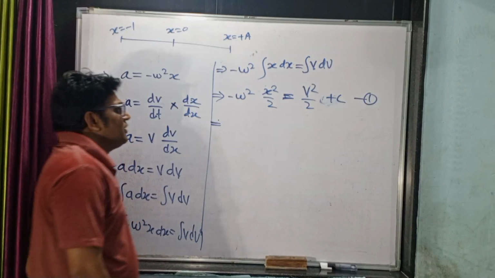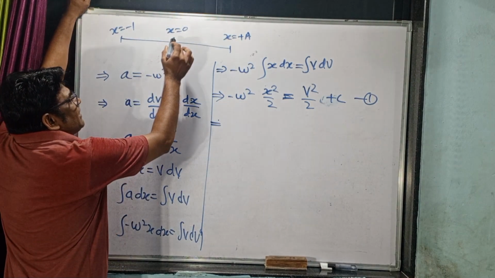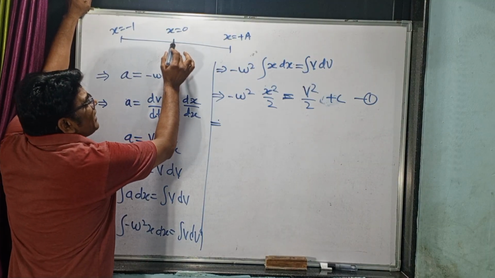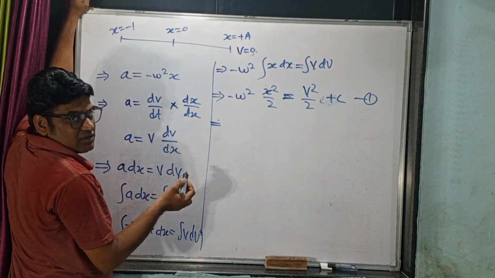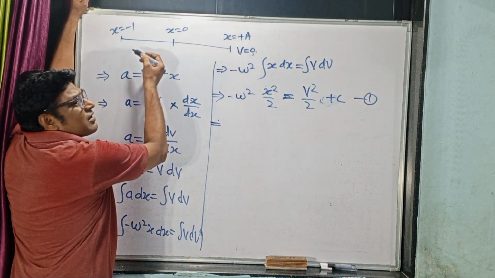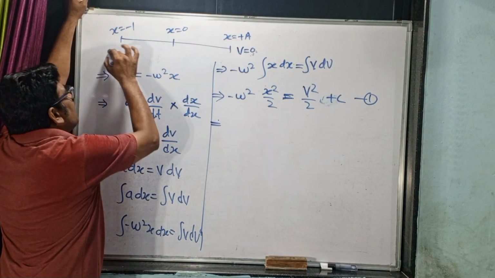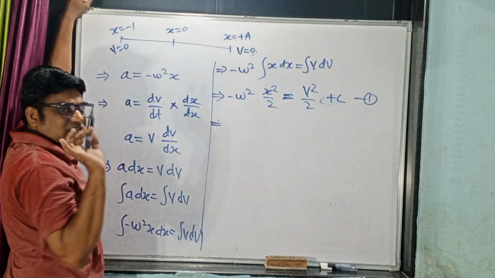How to calculate it? We know that the particle starts moving from this point, goes here, and the velocity becomes 0 at this place. It will stay there momentarily and then come back, and again go there. So at the extreme position, velocity is 0. That is fixed.